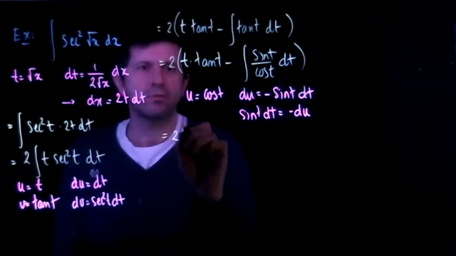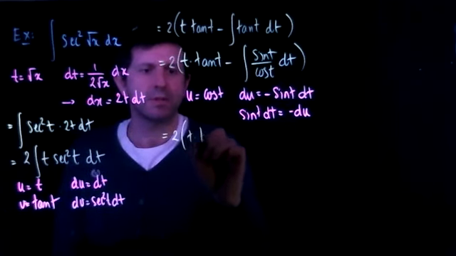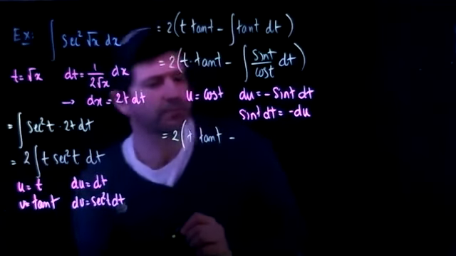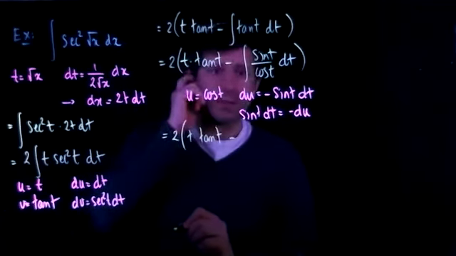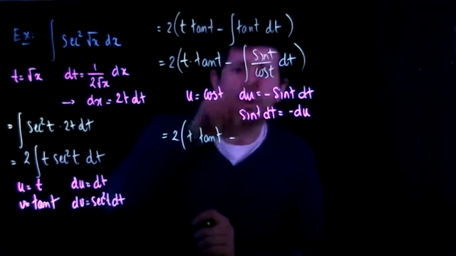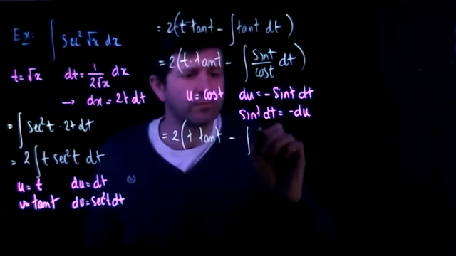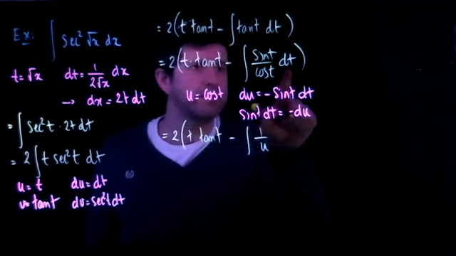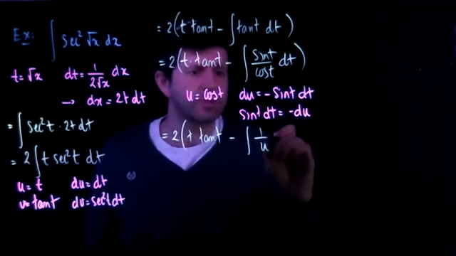Okay, so 2 times t tan t minus, and this becomes the integral of 1 over u, right? 1 over cos is 1 over u, times sine t dt, which is negative du.